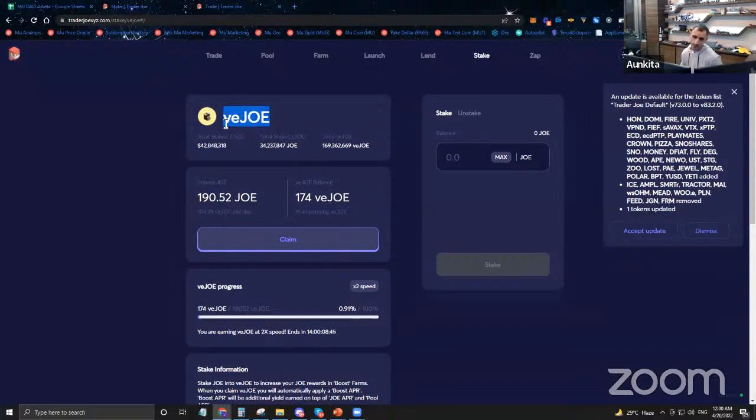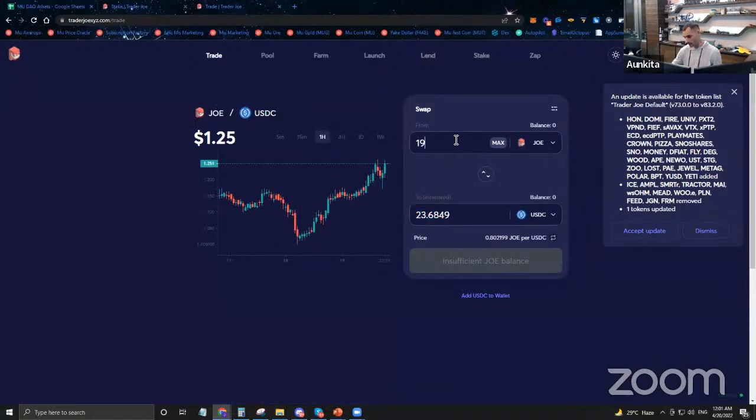And this token, essentially what it does is it allows us to earn a bonus boost yield on our farms. So the bonus that we get is kind of proportional to how much VJO that we actually have. So we've got 190 Joe staked over here.